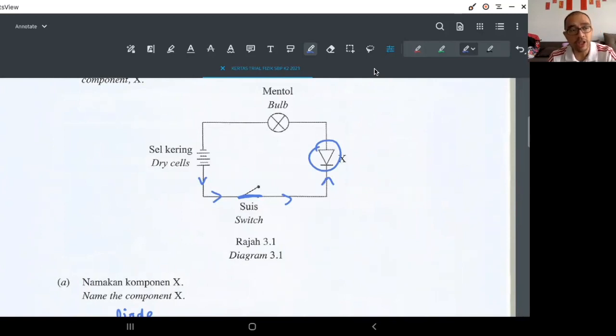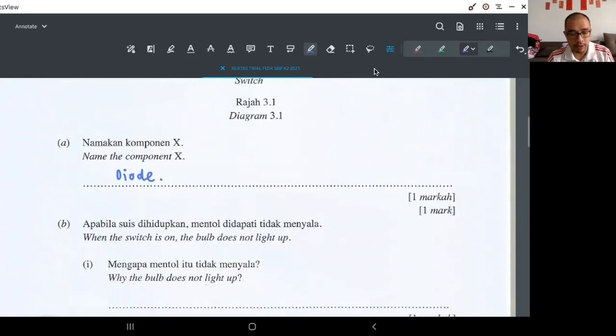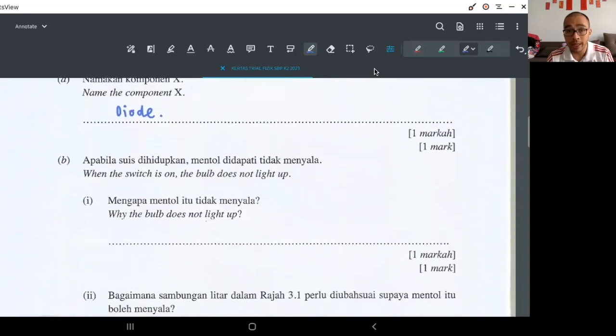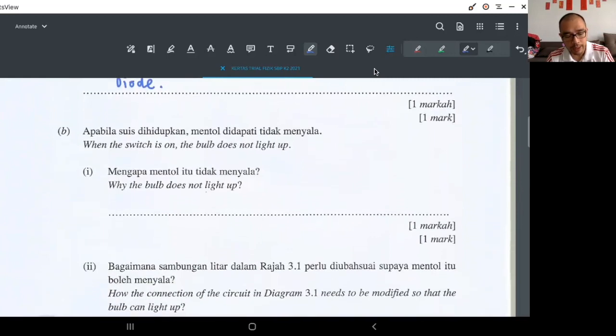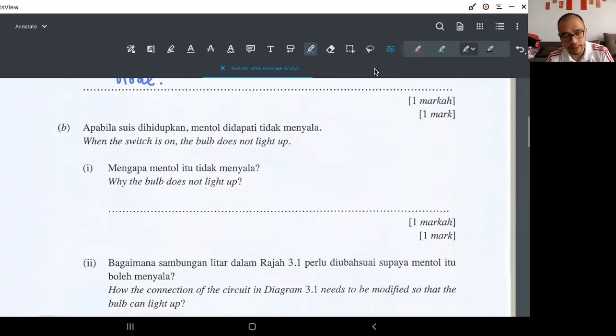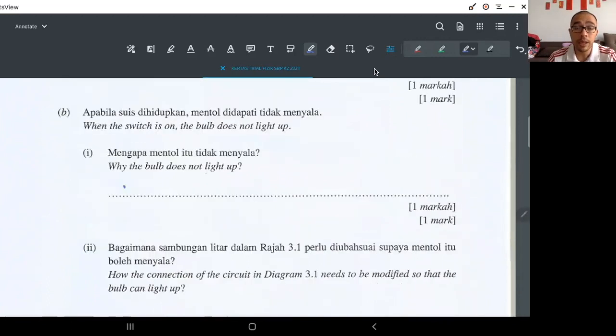Diode, transistor, it's all the same. It's either forward bias or reverse bias. So why does the bulb not light up? The answer is the diode is connected in reverse bias, so no current will be able to flow.